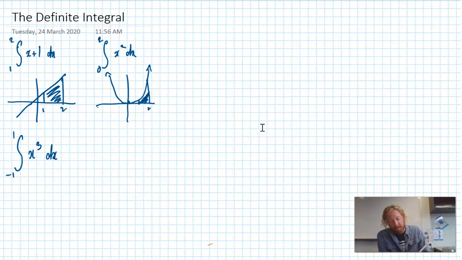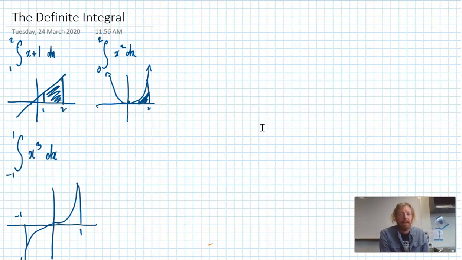We can just do a quick little sketch. Here is x cubed, and I'm going to go from minus 1 to 1. I want these two areas here. If I were to do the integral, I'm just going to find the primitive here. By the way, I didn't bother doing it for the first two because we've done that before.